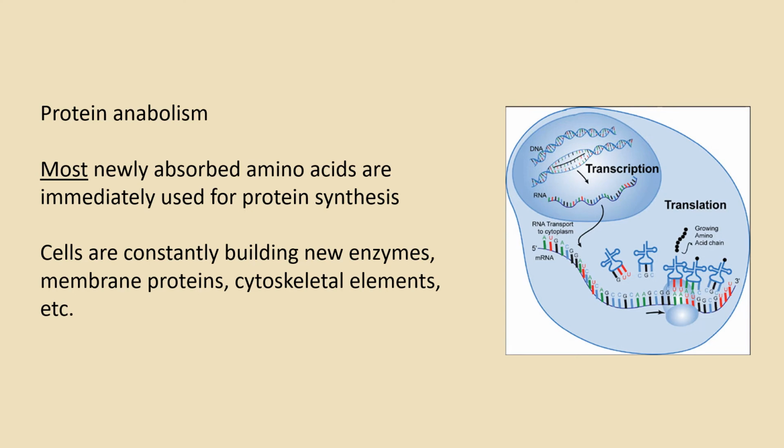And so our cells are very busy. You might be feeling very lazy, but on a cellular level, you're quite busy. All your cells, except for your red blood cells, because they don't have any nuclei, are constantly building new proteins to replace the existing proteins. There's this protein turnover that's happening inside all of our cells.